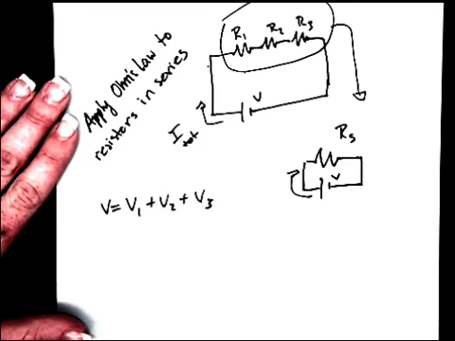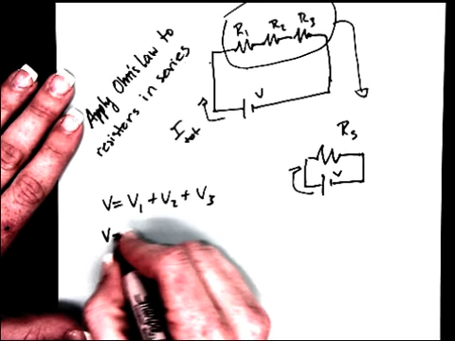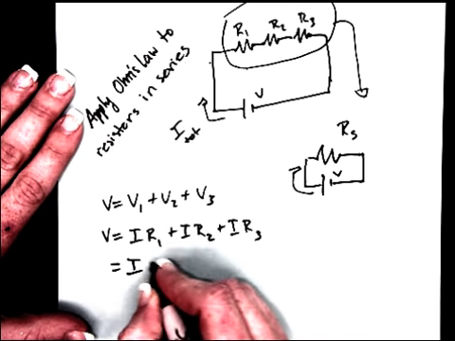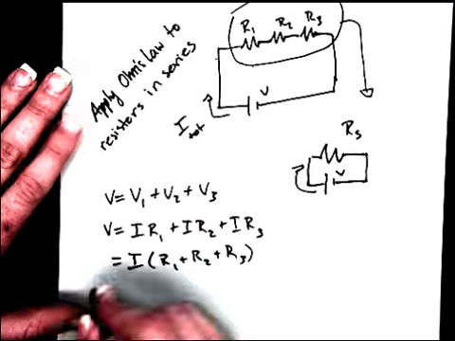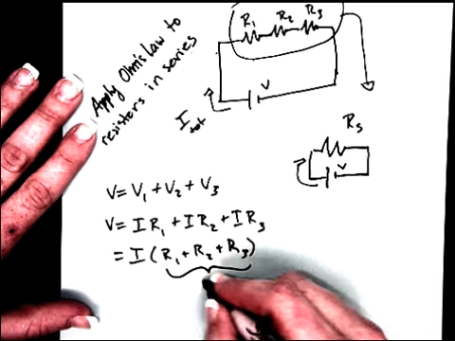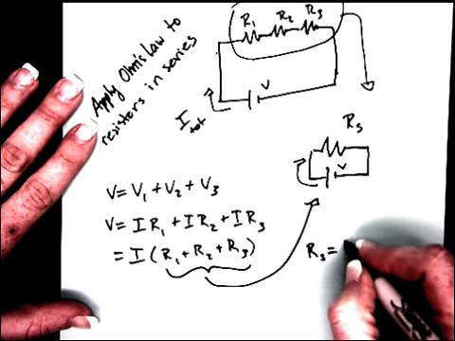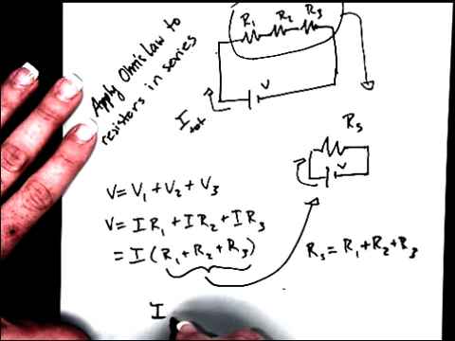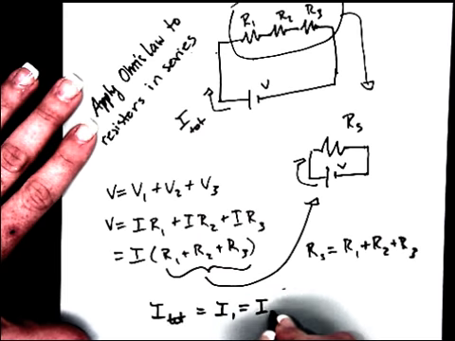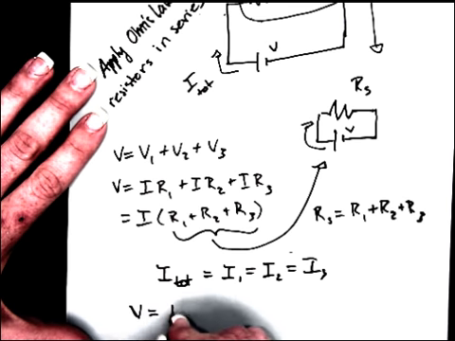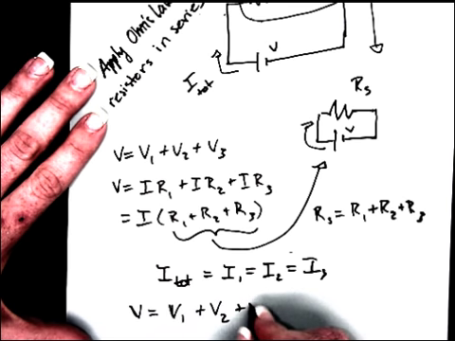Let's prove that. V battery is equal to the voltage drop across resistors 1, 2, and 3. We add those together and break it down with Ohm's law, where V is equal to IR for each of those. We pull out our current because it's the same throughout the entire circuit, and we see that the resistance of all three resistors together is equal to RS. Again, our total current I is the same across resistors 1, 2, and 3.